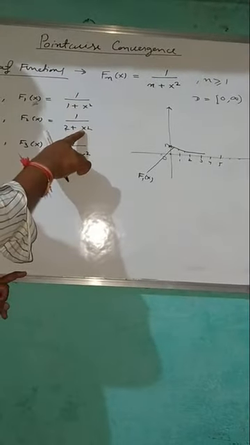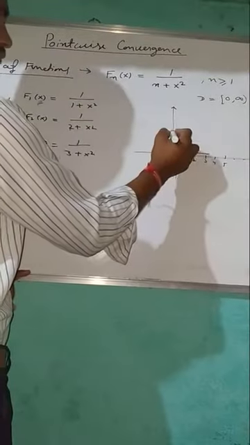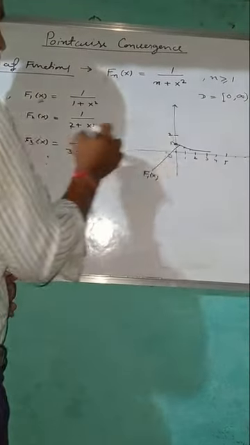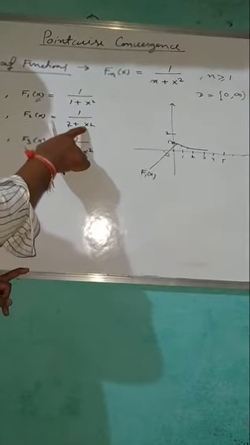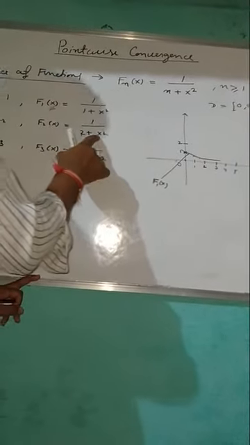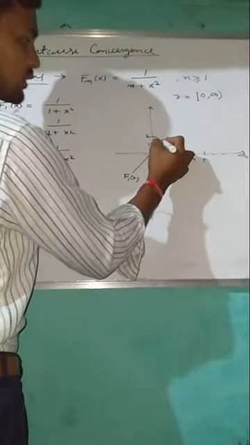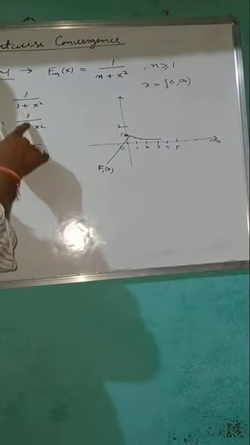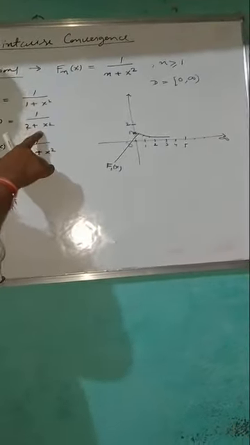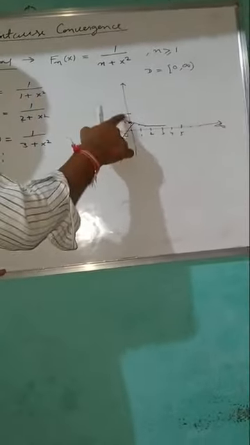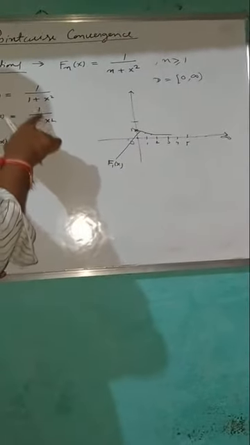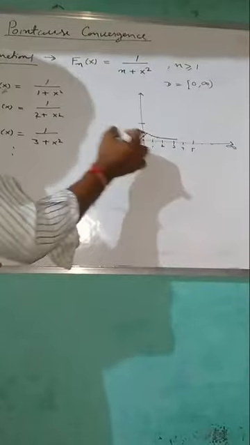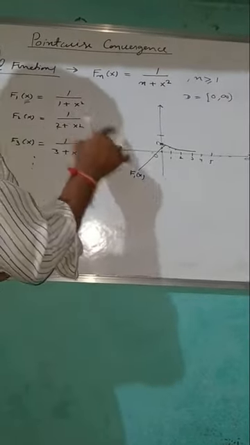Similarly, for the second function, when you put x equal to 0, the value is 1/2, and for x equal to 1, the value is 1/3.